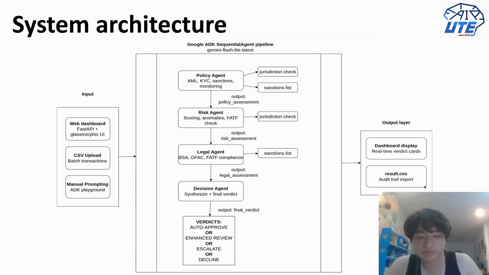Agent number 3 is the legal agent. It receives everything from policy and risk, and then reviews against legal frameworks like BSA, OFAC sanctions, and FATF recommendations. It determines whether regulatory filings like SARs or CTRs are required, and whether human legal counsel is needed. It has access to the sanction list tool and outputs to the legal assessment.